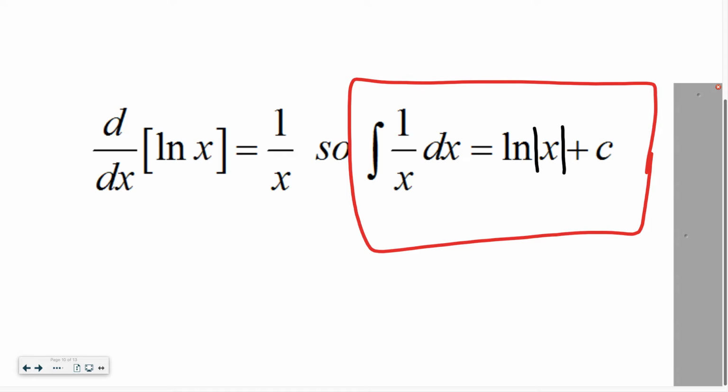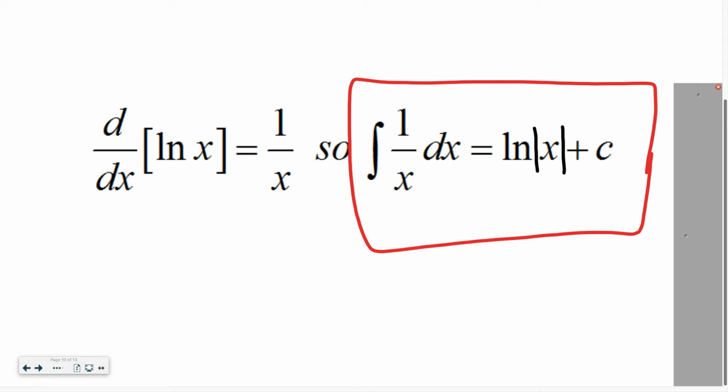Okay? Why do we need an absolute value? If we have 1 over x, x could be anything except probably one number, right? Well, we can only have positive values inside of a logarithm, and so we're going to have to put the absolute value bars to make sure that that will happen. Okay?